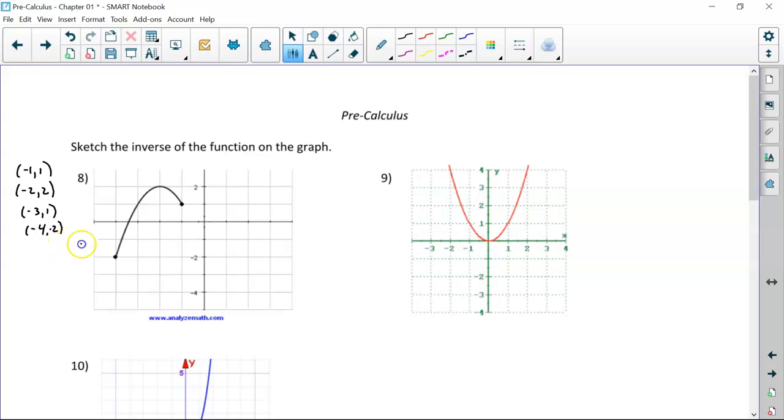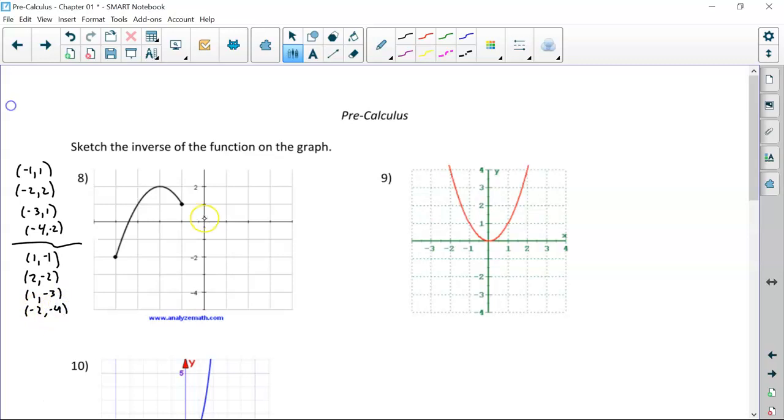So now the points on my new graph, we're going to just switch them around. 1, -1. 2, -2. 1, -3, -2, -4.